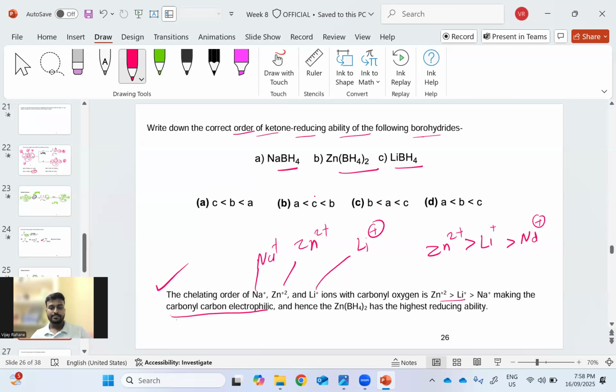So first will be B, that's the zinc, then the lithium, that's option C, and then A. So option B is the correct option here.